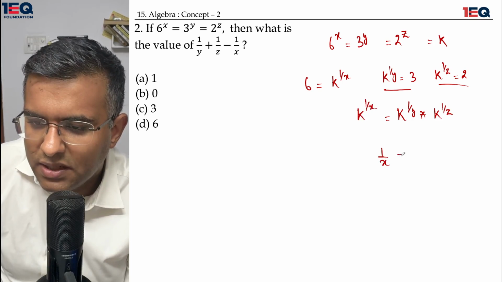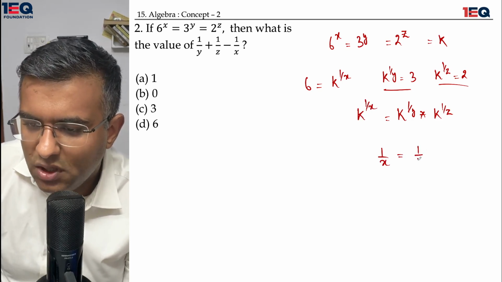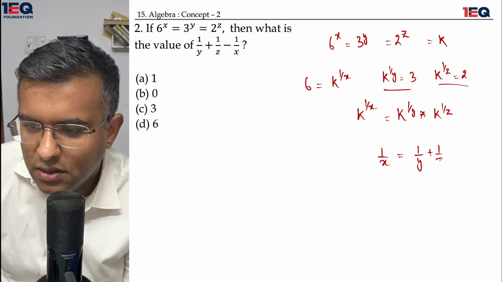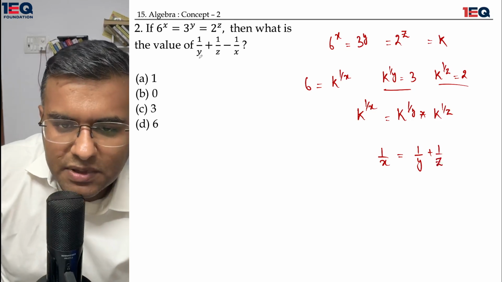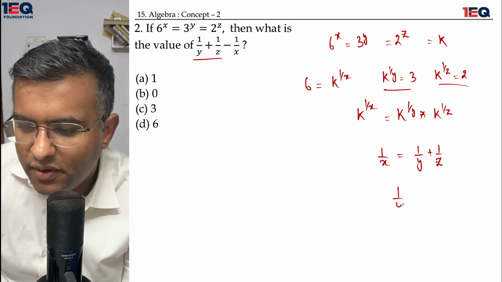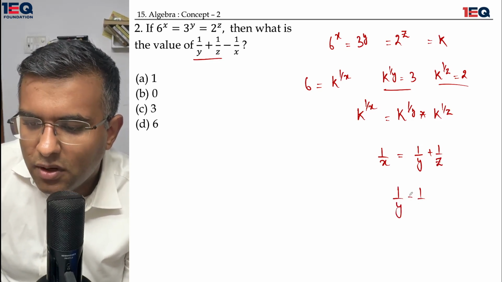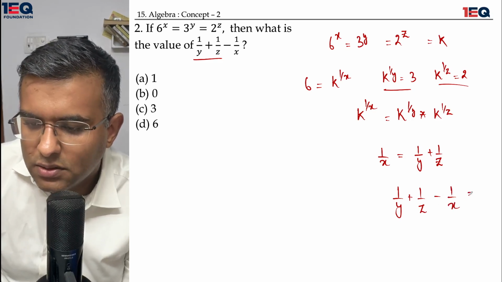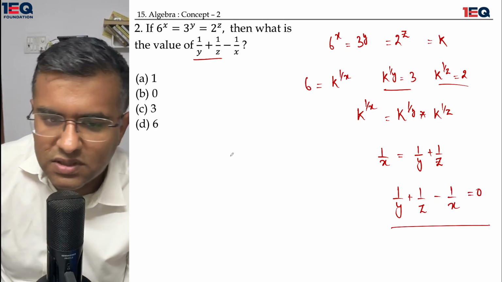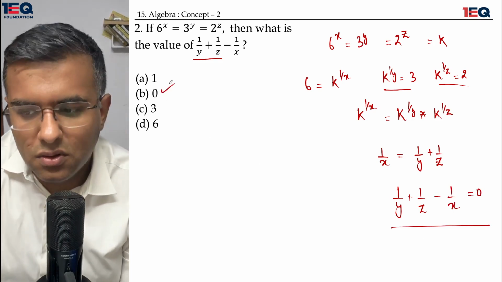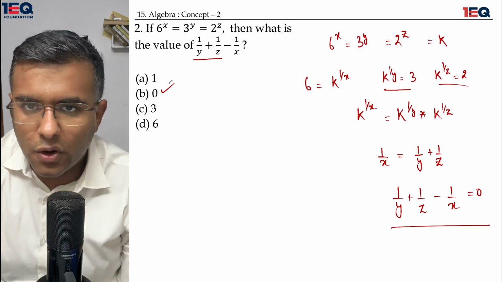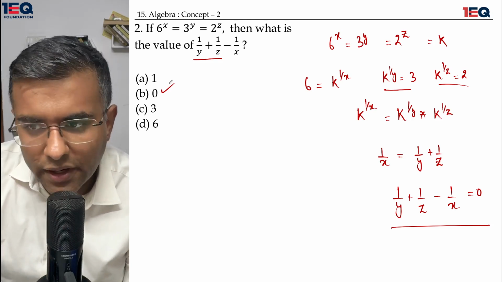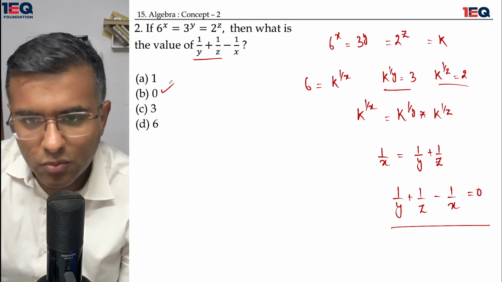So 1 by x is equal to 1 by y plus 1 by z. The question being asked is the same, 1 upon y plus 1 upon z minus 1 upon x is equal to 0. So this 0 was something that I was talking about. All right, good enough. Moving on.